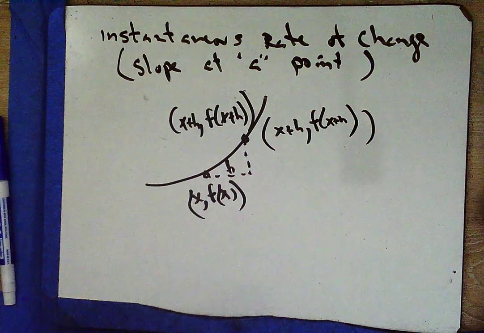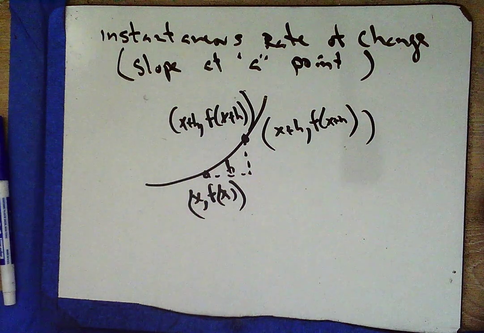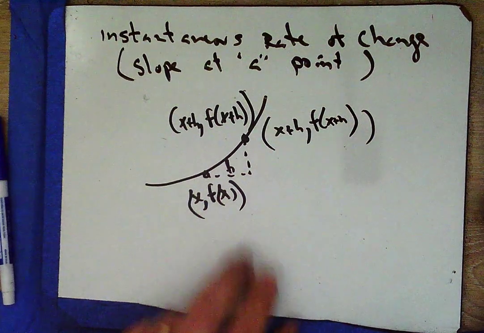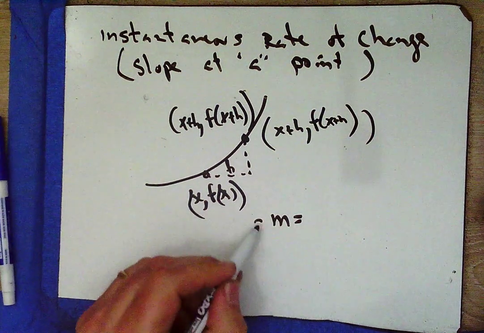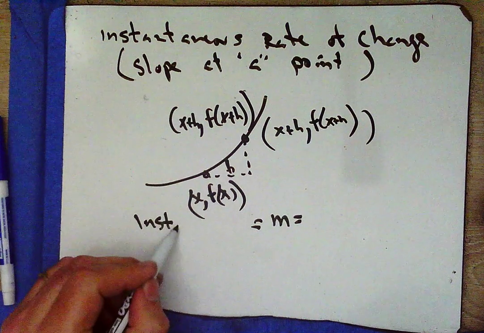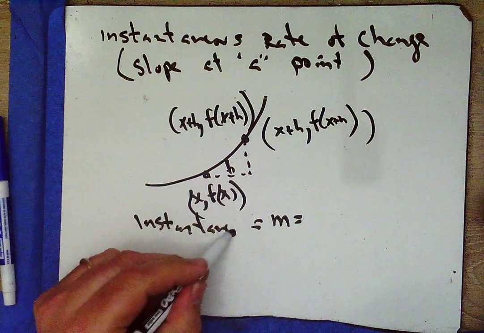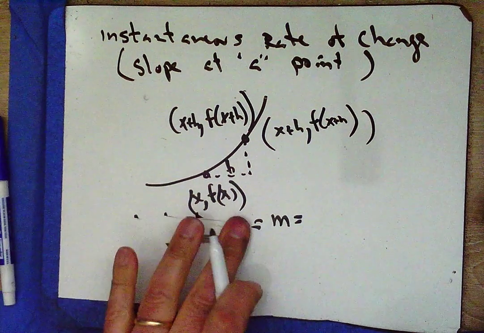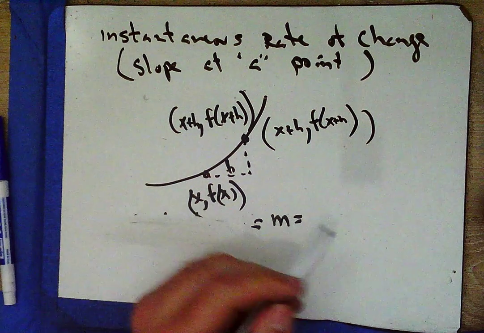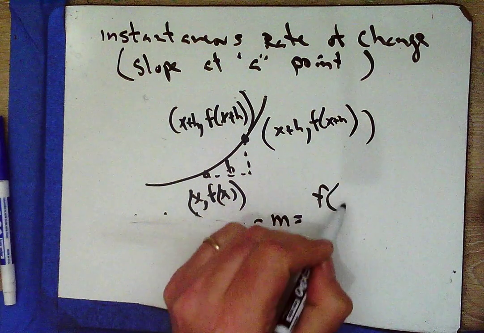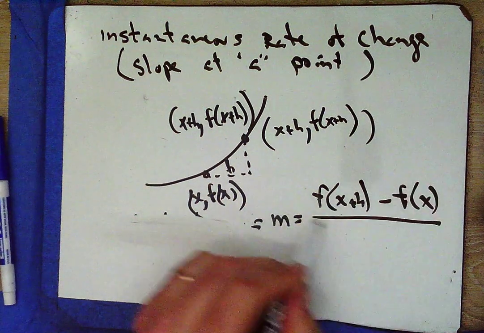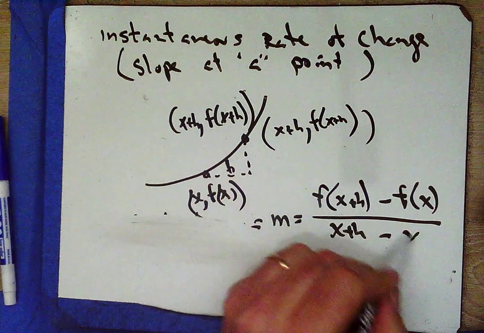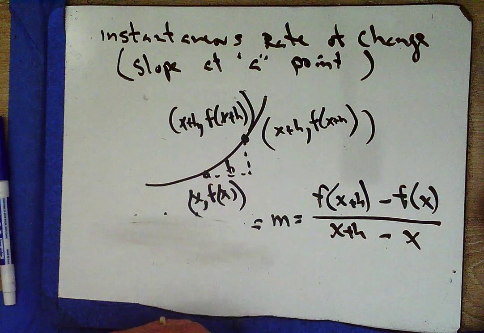Great. So now, what does it look like if I use the slope between these 2 points? So slope, or instantaneous, no, I can't even say that yet. I'll come back to that in a minute. So the slope formula will be f of x plus h minus f of x over x plus h minus x. That's my slope formula.